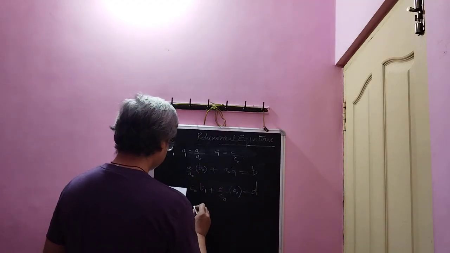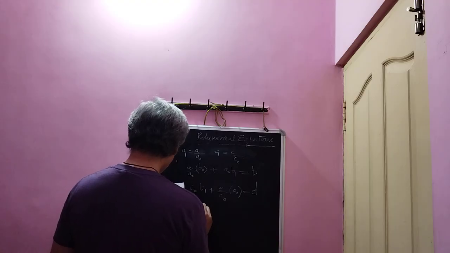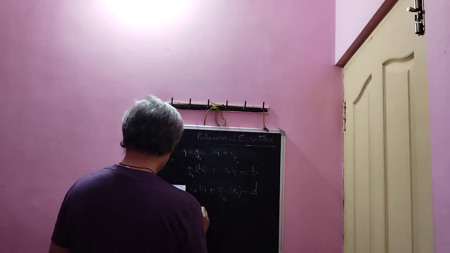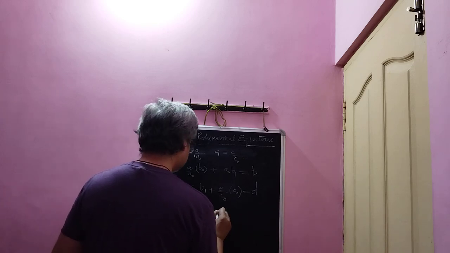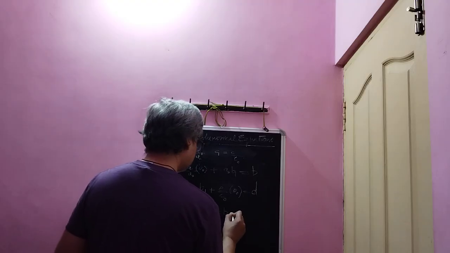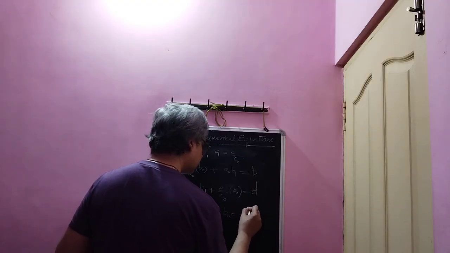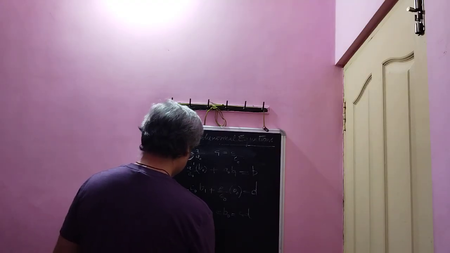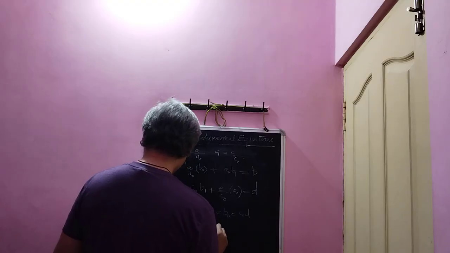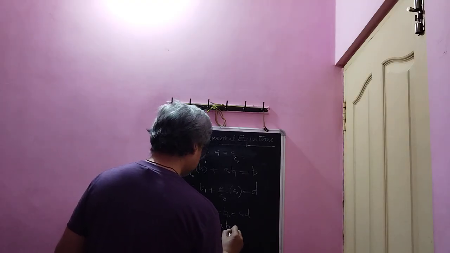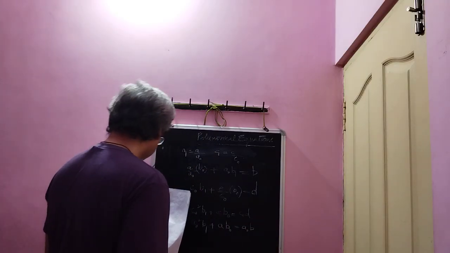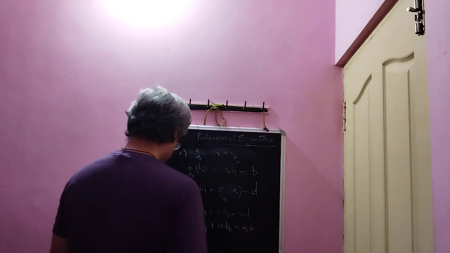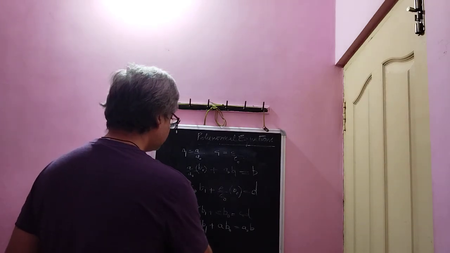These two equations come out as follows: C naught square B1 plus E times B naught is equal to C naught D. A naught square B1 plus A times B naught is equal to A naught into B. So these are the two equations.